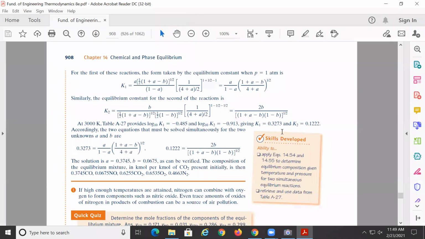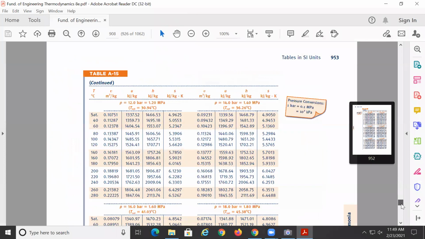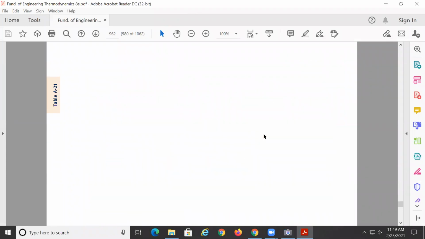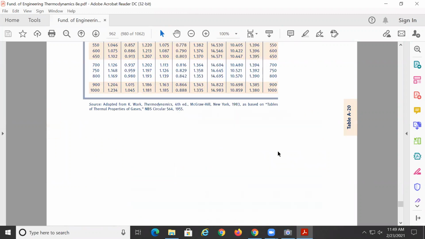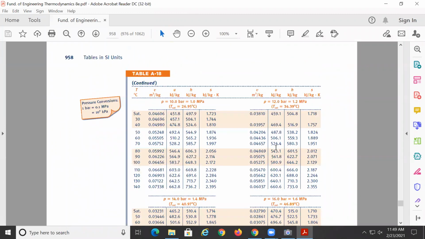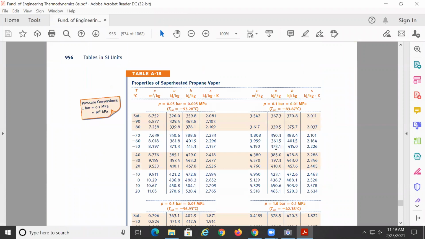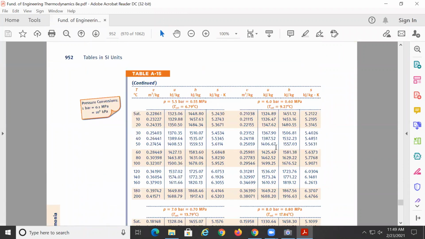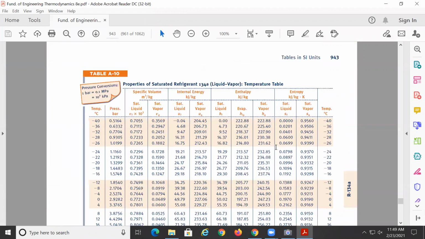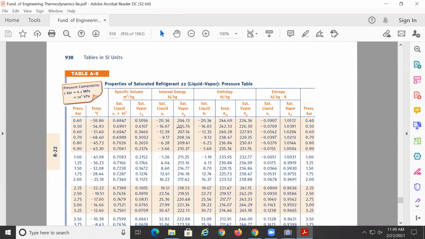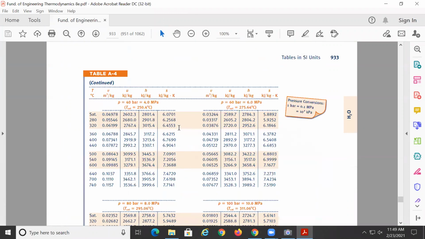All right, there we go. So let's go back to the tables here. I want table 22, so let me go up. This is going to be table A2 or A3. This is table A4, A15. All right, let's get there.